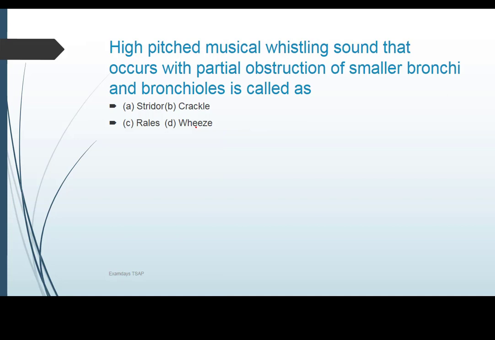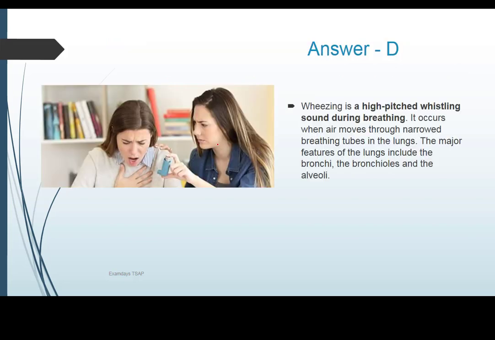Moving on to the next question: a high-pitched musical whistling sound that occurs with partial obstruction of the smaller bronchi and bronchioles is called as: stridor, crackles, rales, or wheezing. The answer is wheezing. Wheezing is a high-pitched whistling sound during breathing.